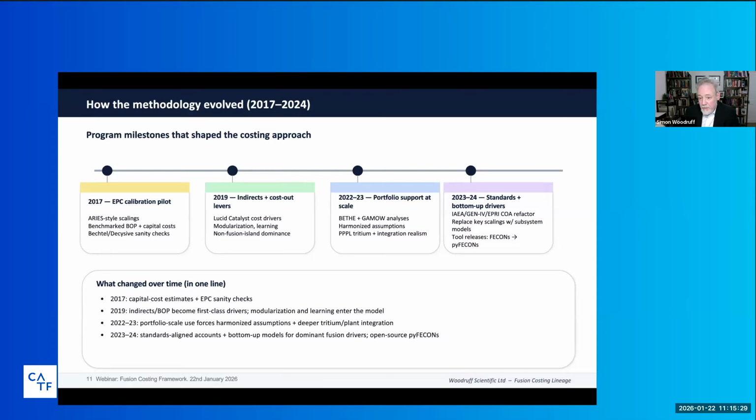And we state what is in the cost account, what are all the subsystems that we're costing, and then we make a calculation based on a reference or a cost basis, and we draw upon a whole range of different reports for those cost bases. So over the years, we've gone from the Aries top-down costing through to more recently doing everything bottom up.